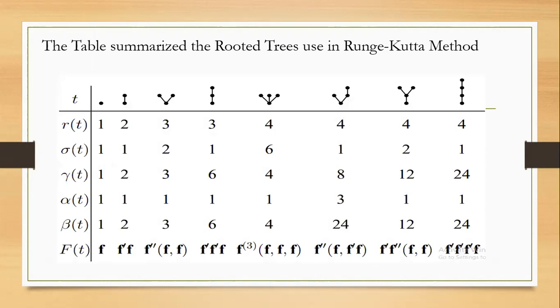We have the arrow standing for the order. This is standing for the order symmetry. This is standing for density. Alpha is standing for the ordered set, beta is standing for the unordered set, and F is standing for differential coefficient.